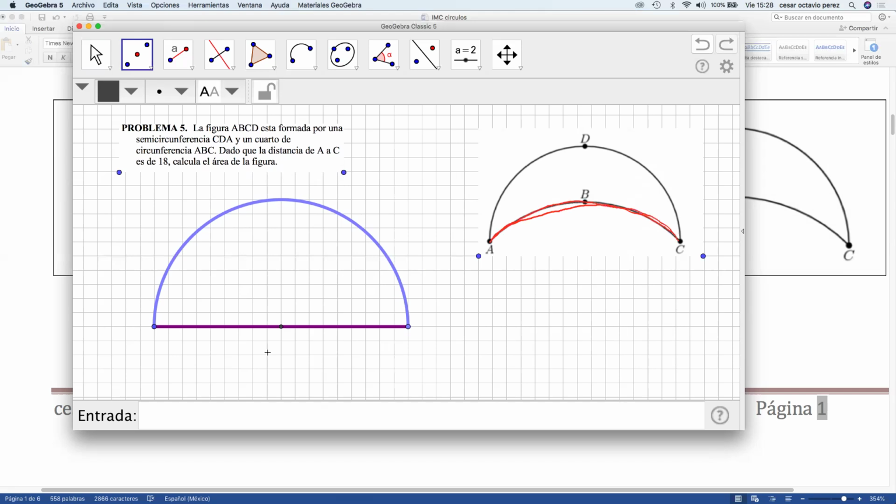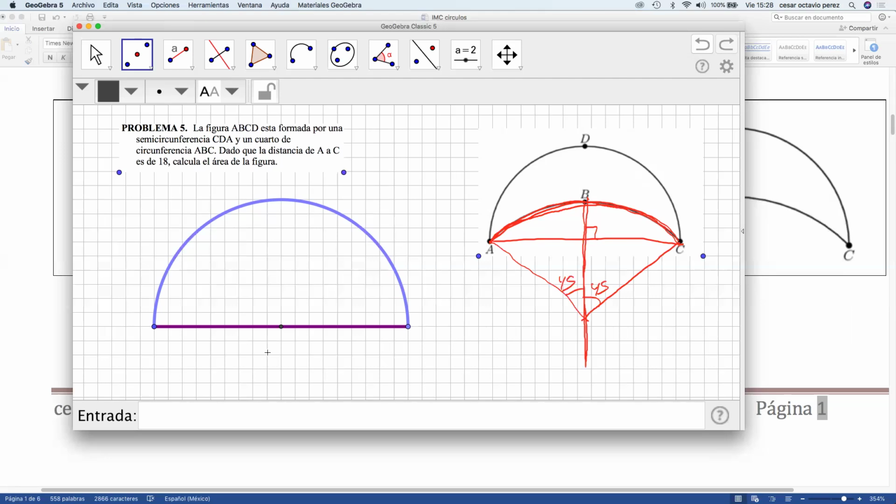But we also need the center of this circle. How can we find the center of this? We need here a line. It will be perpendicular. And here we need 45 degrees and 45 degrees. Do you agree?